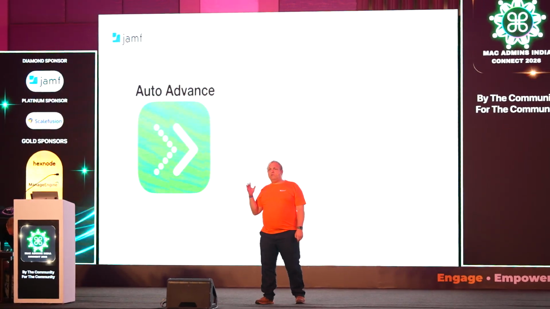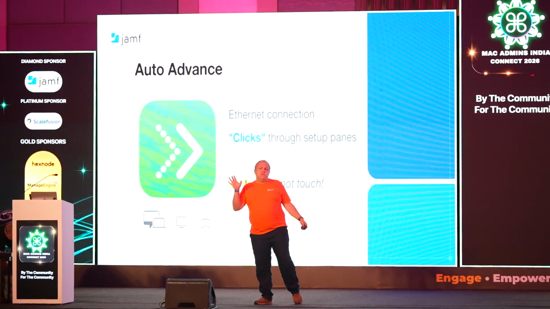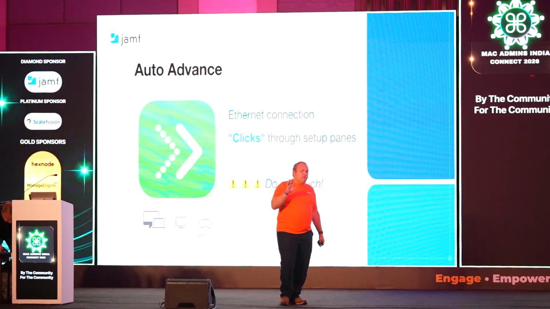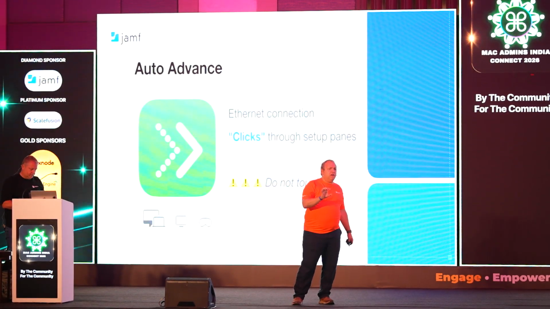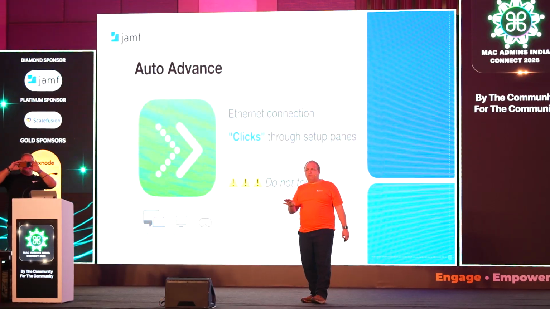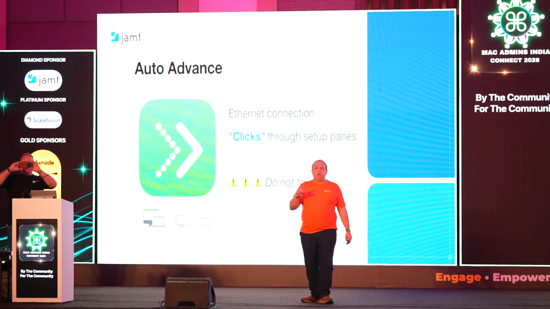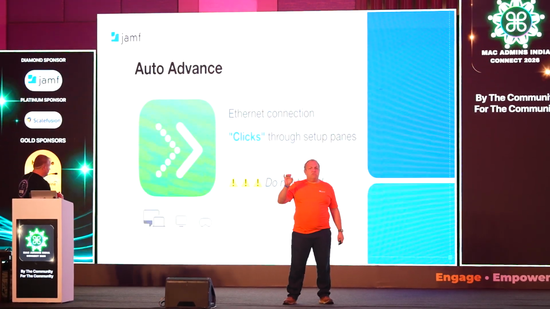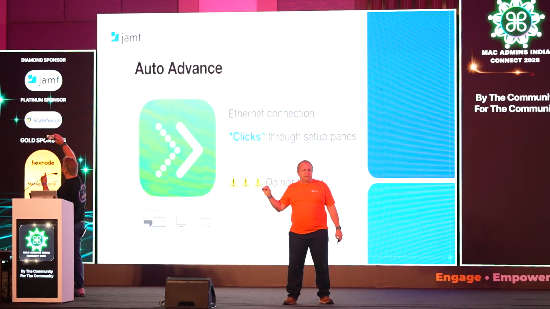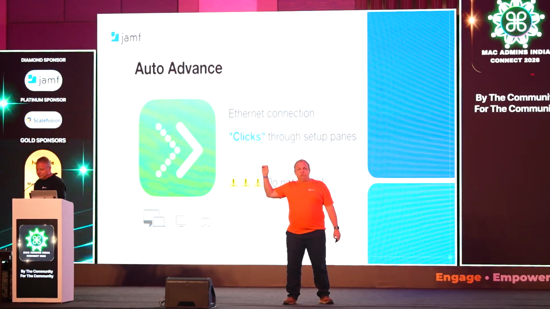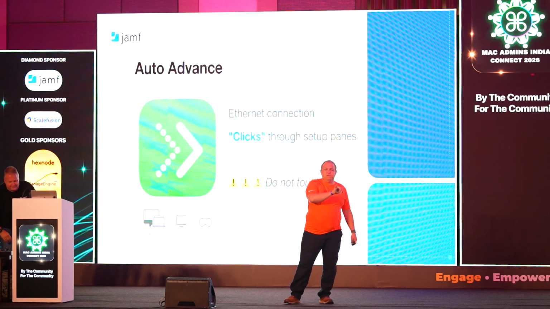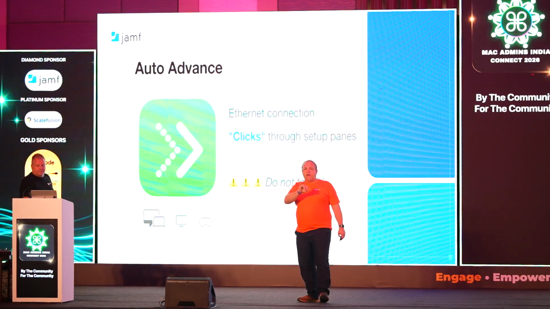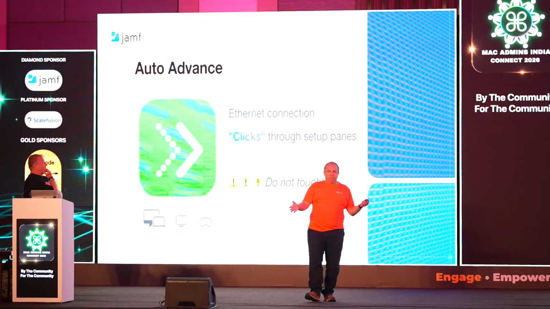The first one is Auto Advance, and that has a few very specific uses, but especially if you're in classrooms, labs, kiosks, shared devices where you really don't want a person sitting in front of them, you can enable Auto Advance, and when that device enrolls while being connected to Ethernet, it will click through all the dialogues that are there, even the ones in the very beginning before the enrollment dialogue that we can't click through normally.